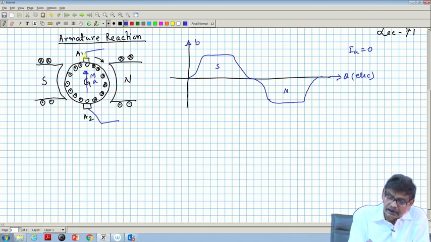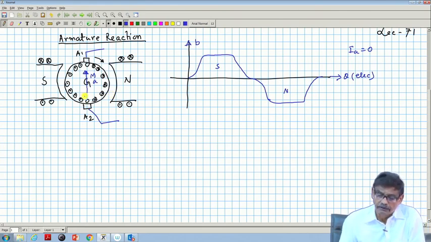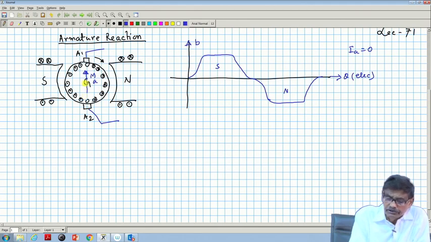And this armature MMF, there will be no component which will demagnetize these poles. Had there been a component in opposition to the original field, let us call it MF and let us call it MA. MA I have written already.